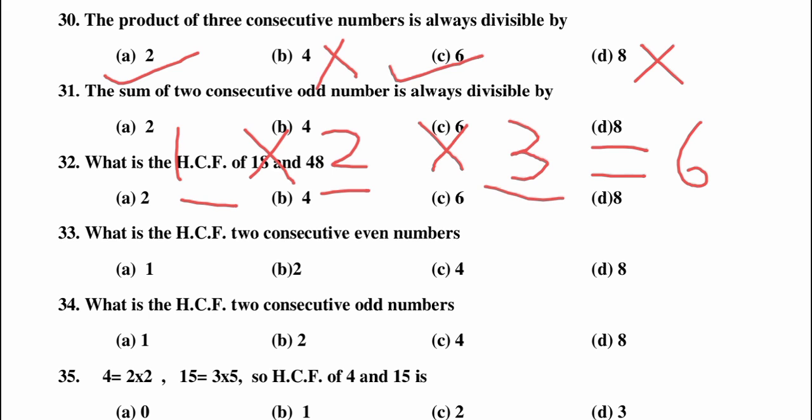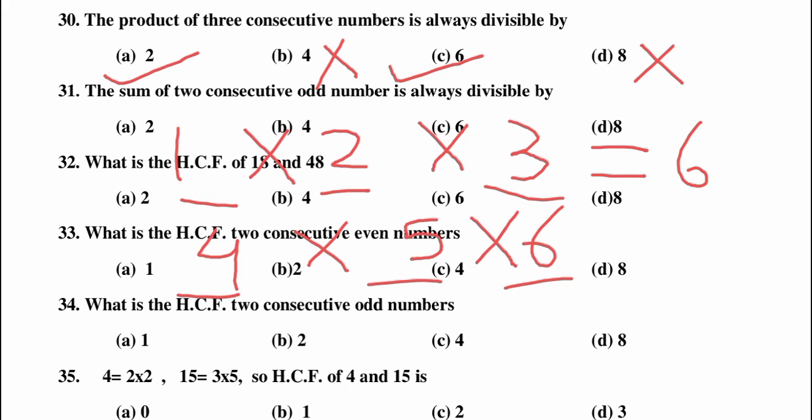Then after that we check 4, 5 and 6. 4 fives are 20, 20 sixes are 120. Now we check, can we divide it by 2? Yes, we can divide it by 2. Can we divide it by 6? Yes, we can divide it by 6 also.